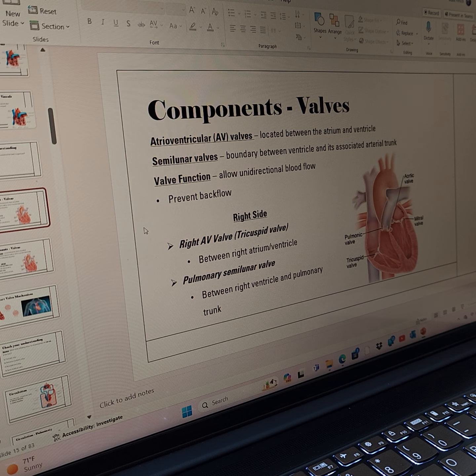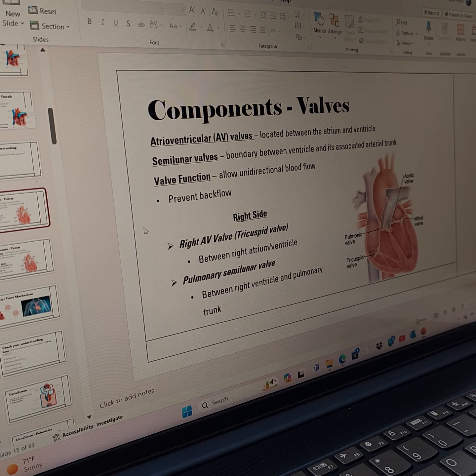Here are the valve components. AV valves, atrioventricular, located between the atrium and the ventricle. You'll have semilunar valves. This is going to be the boundary between ventricle and its associated arterial trunk.